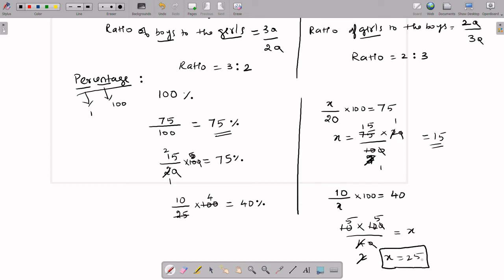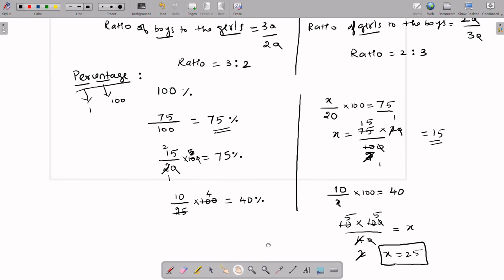This way you can find the percentage of marks, as well as how many marks you obtain out of 20, or if you know the marks, how much out of 25 you can get 10, that also you can find using percentage.